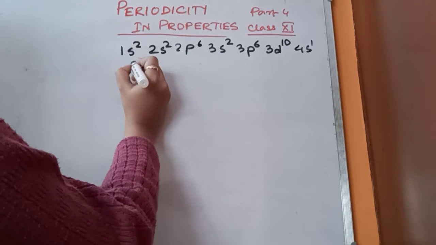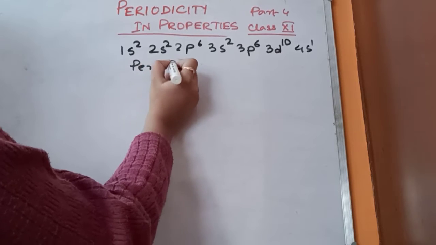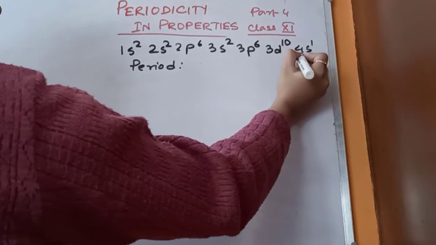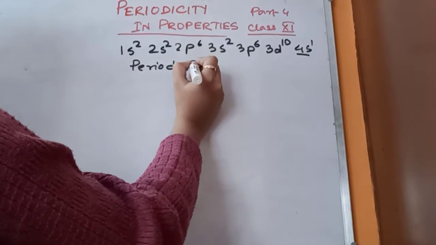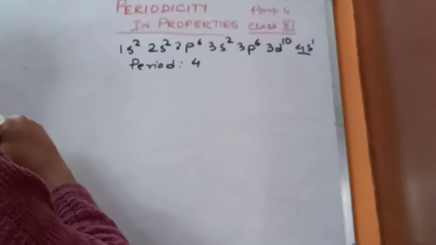Now first is the period number. Look at the period number. The outermost shell is 4, so the period number is 4.